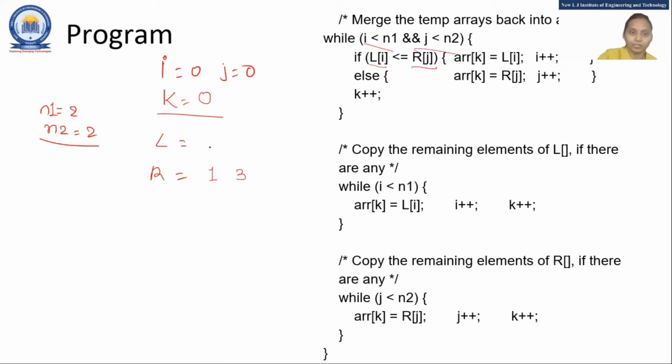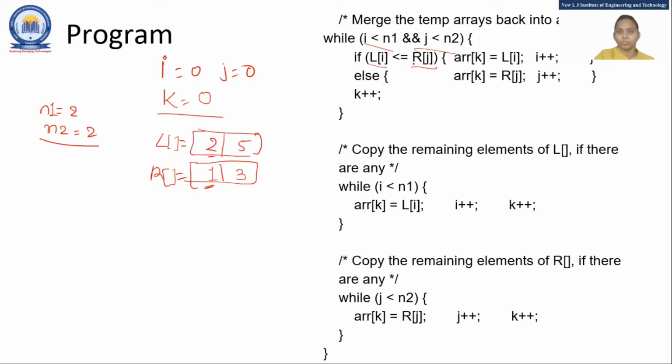Let me write again. Okay. So here you can see I and J both are 0. So we need to compare the 1 and 2, which is smaller.